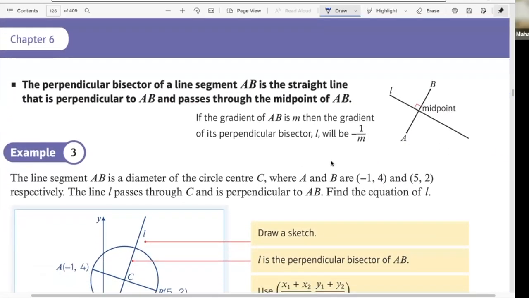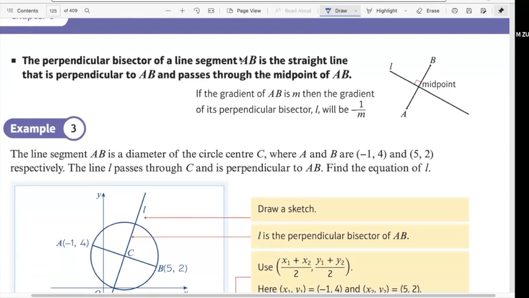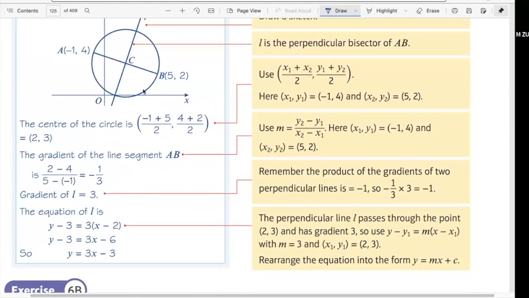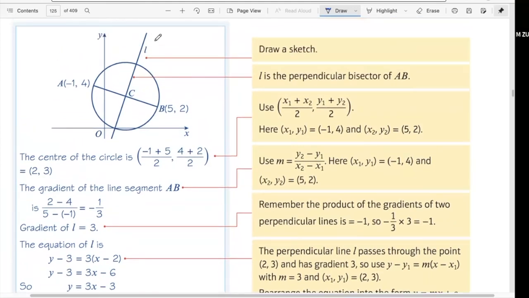The perpendicular bisector of the line segment. Perpendicular bisector, again, what we just did. If you have A, you have B, you can find the gradient, then find the midpoint, and then find the gradient of the perpendicular line and the equation of the line. So if we have AB, we can tell everything about this line L. Is there any confusion in this part?